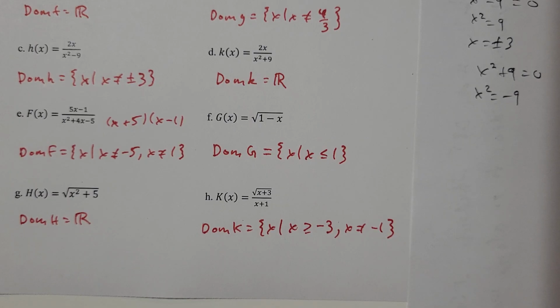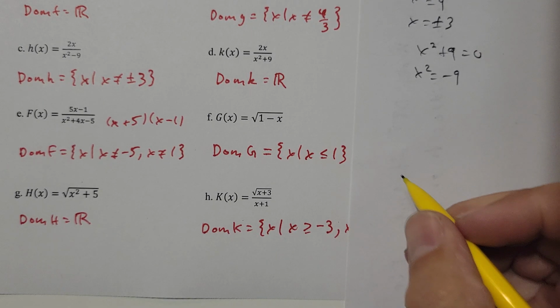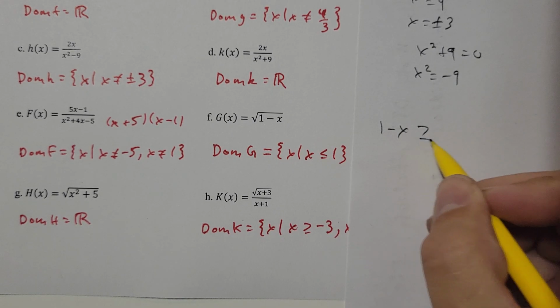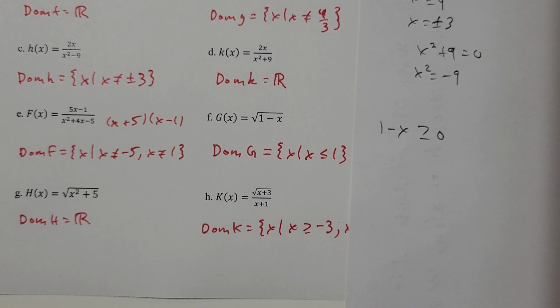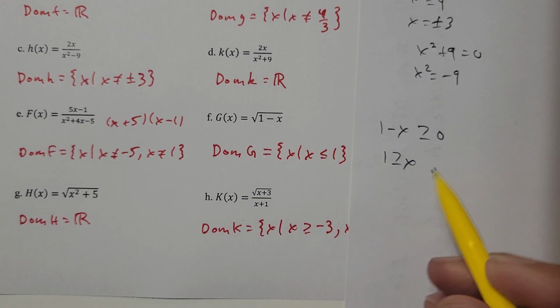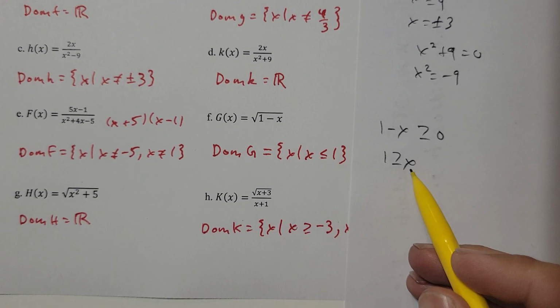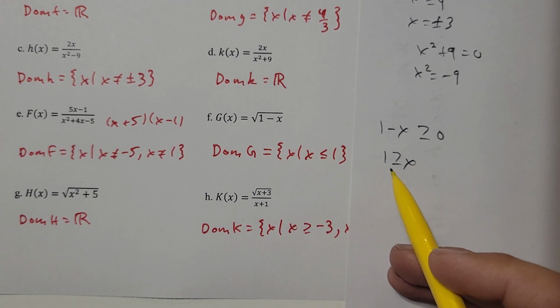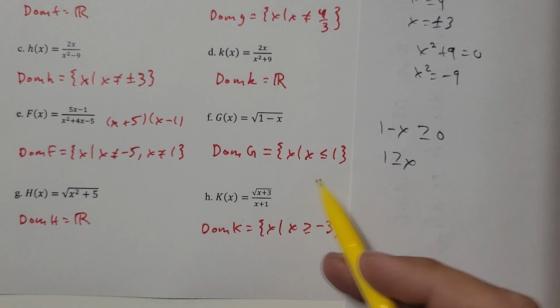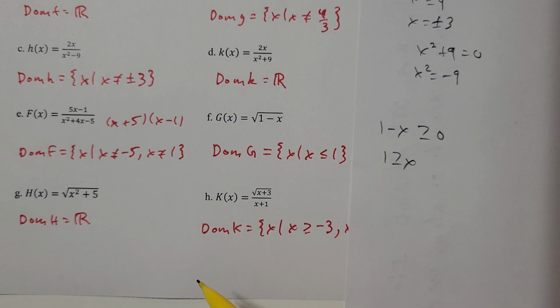So if I set 1 minus x to be greater than or equal to 0, and then I solve that, if I add x to both sides, it looks like x has to be some number that is less than or equal to 1. So any number that is 1 or less is going to be okay.